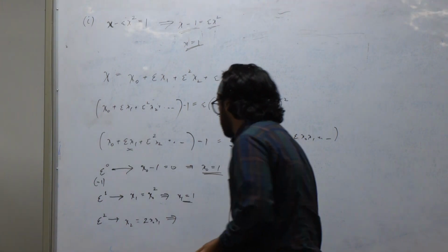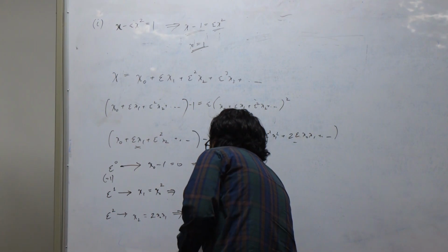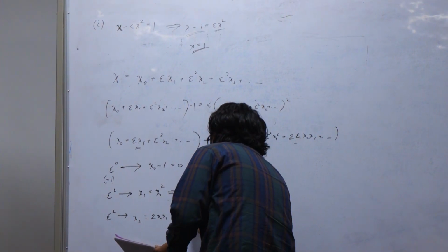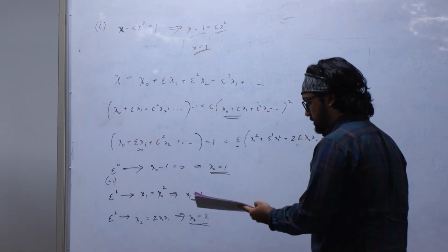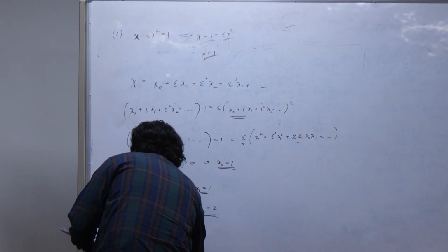We know the values of x naught and x1. x naught is 1 and x1 is 1, so we get x2 equals 2.